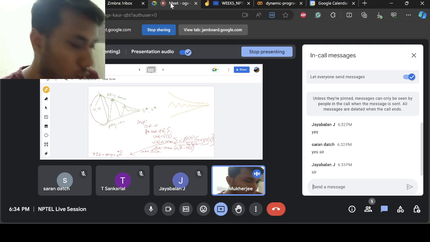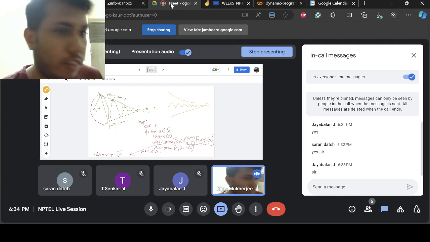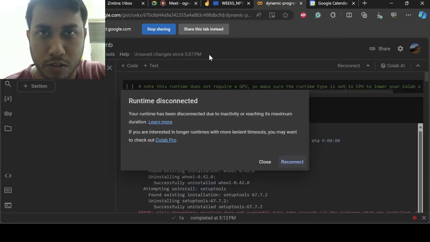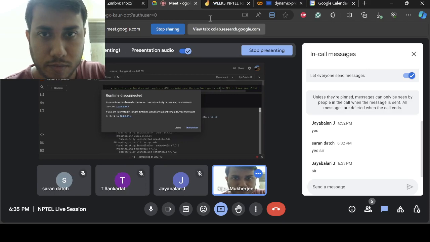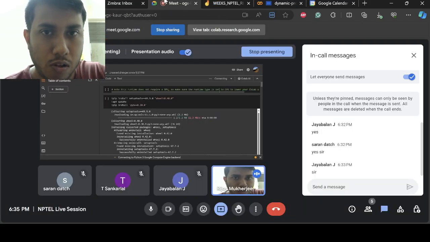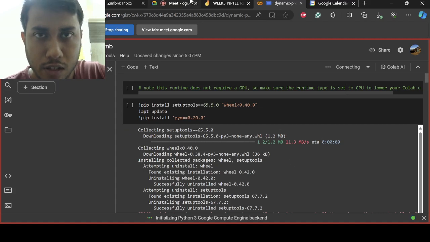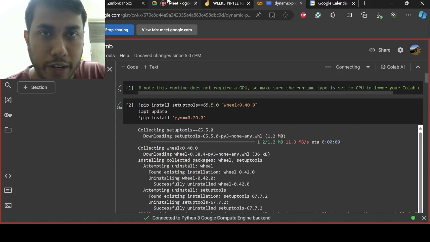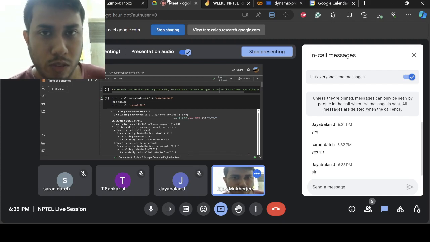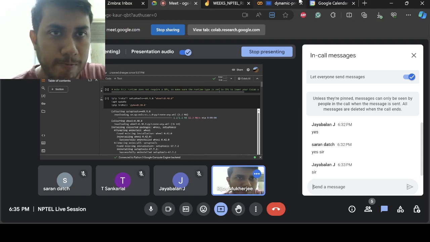Okay, so that is your value iteration and everything that was done here. So I will give you a coding example. Let me share this tab. Let me connect this.